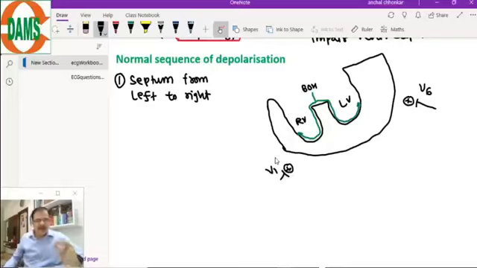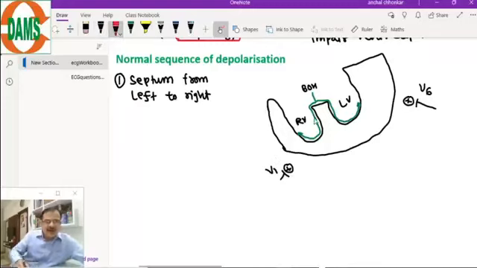What is depolarization? Depolarization is the movement of positive charge inside the cell. So this is event number one here: the septum is getting depolarized.